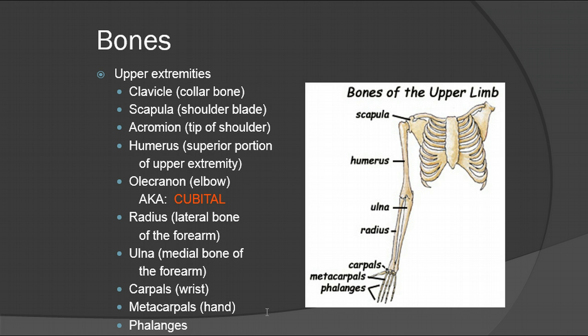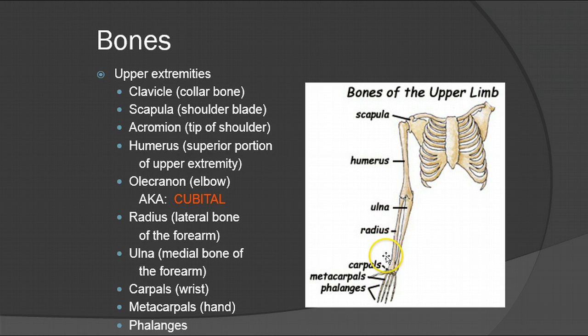And if we take a look at the upper extremities, we'll see that we have the clavicle, which is your collarbone. And then you have your scapula, which is the shoulder bone right here. And then the acromion, which is the tip of the shoulder, the very, very tip. The humerus, the biggest bone in your arm. And then you have the radius and ulna.